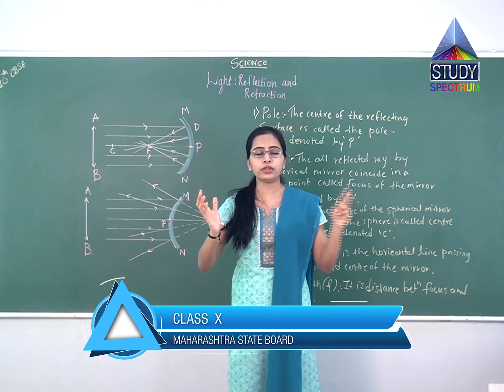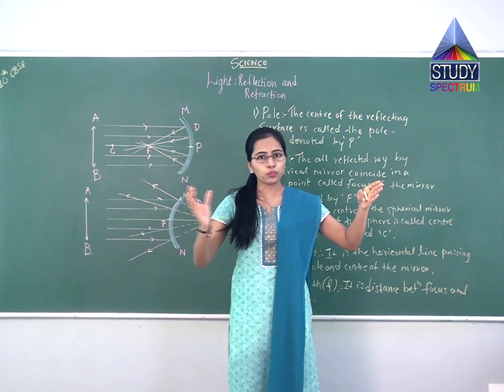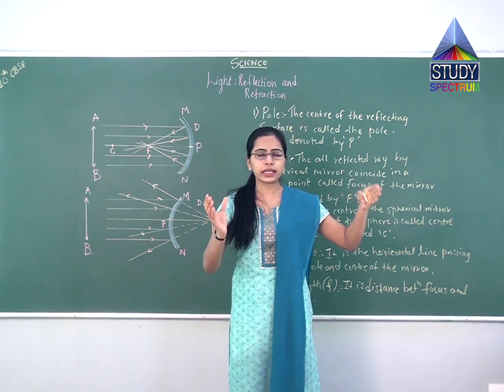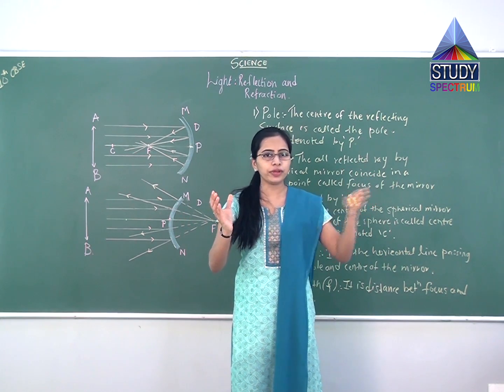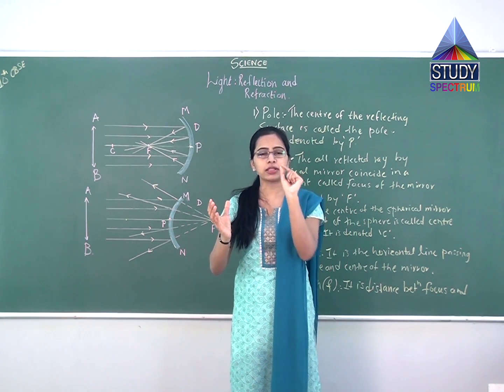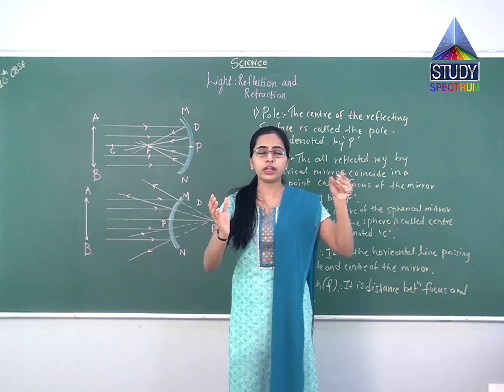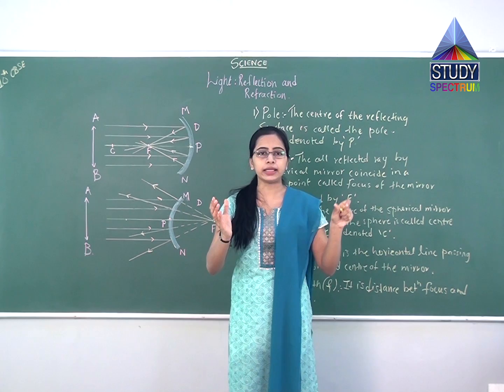Now, to catch that certain point, you can use a screen. Now move your screen. After some time, by moving the screen, you will get a sharp, circular point. This is the distance where you will stop moving the screen.